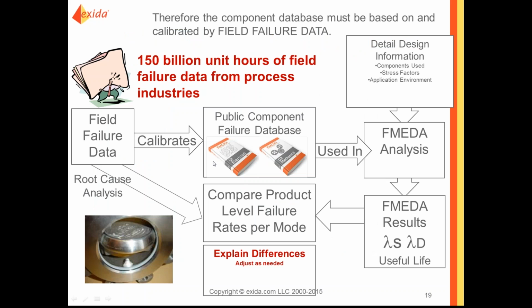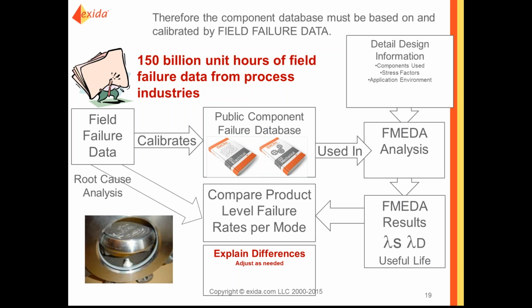We have an electronic component database and a mechanical component database. We validated or verified that database by doing field data studies. Every time we do an assessment of a product, we'll do an FMEA analysis, but we'll also ask the manufacturer for shipment and return data and use that as a correlation. We've evaluated over 150 billion hours of field failure data to correlate this database.